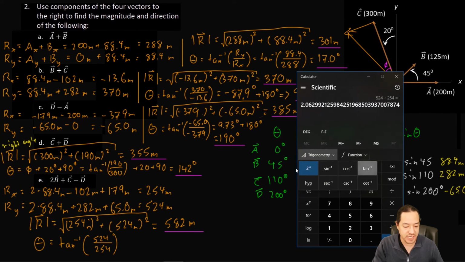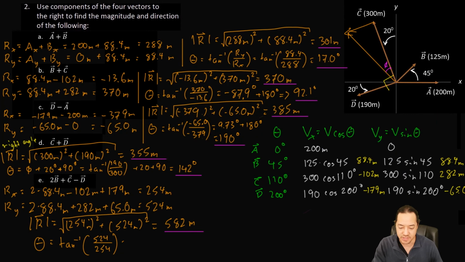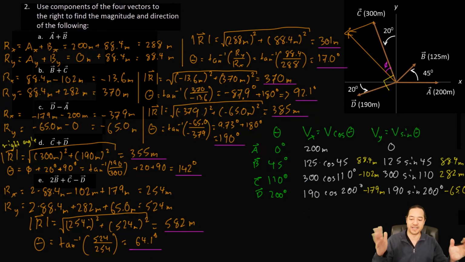We take the inverse tangent of that, and we have an angle of 64.1 degrees. Now, does this make sense? Okay, so both of these are positive, so we should be in the first quadrant, and 64.1 degrees is in the first quadrant, so we're good. We're done. Okay, we found the magnitude and the angle theta for adding 2b plus c minus d. Great.